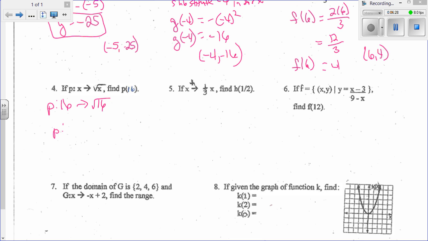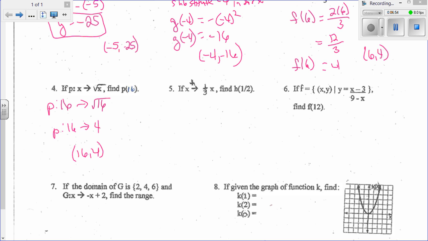So the square root of 16 is 4. So this will be 16, comma 4. The only reason I'm writing in ordered pairs is because I want you to see that what you substitute in is you're putting in place of x, and your answer ends up being y in the ordered pair. So no matter how funky your notation is, it's still just an ordered pair of x and y.